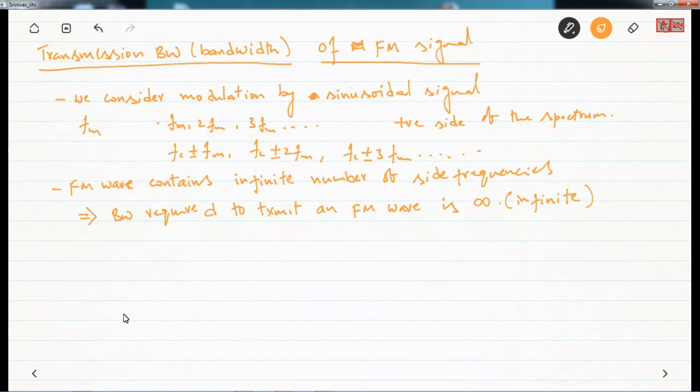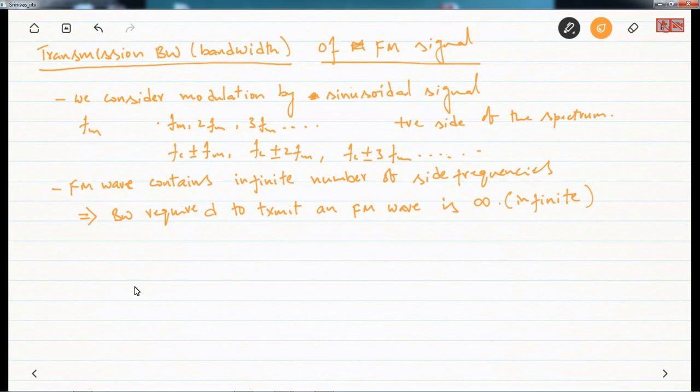So what is the solution to this? We cannot have infinite bandwidth to transmit. The solution is, though it has frequencies extending from minus infinity to plus infinity, we can choose to restrict the spectrum to only a set of frequencies which contribute 98% or 99% or 90% of the total power, right?